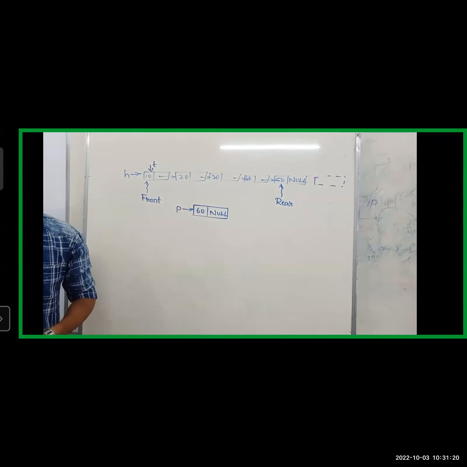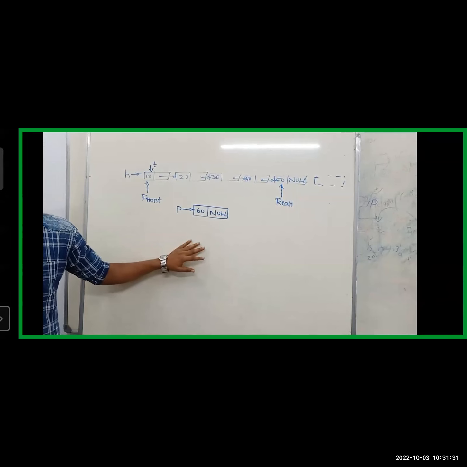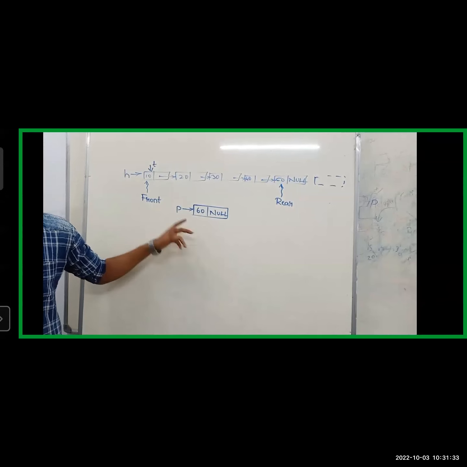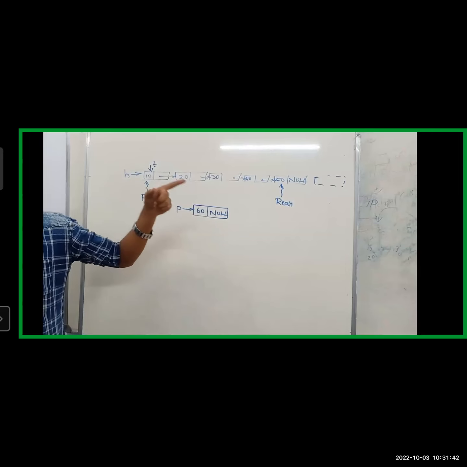Probably temp is not needed. If you want to insert in between, some specific operation you want to do, then definitely you need it. But here temp is not needed. The reason, I'll say: which data structure am I dealing with? Queue. Basically, queue means what? Either you will delete from front or you will insert at rear.